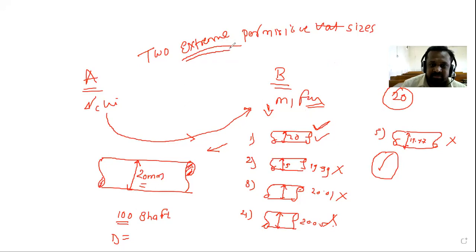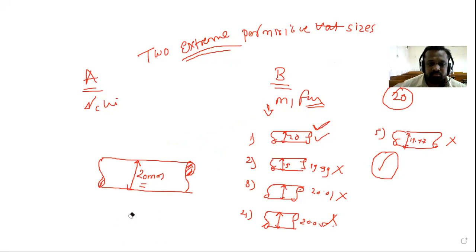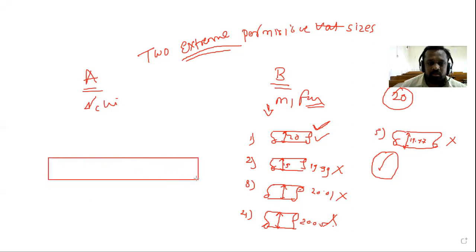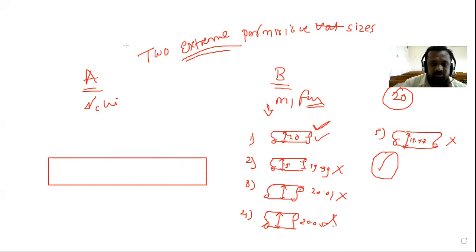Now, what I did here, suppose that A person, just a moment. Suppose this is the shaft, and suppose right now that A person has given the dimension like this.